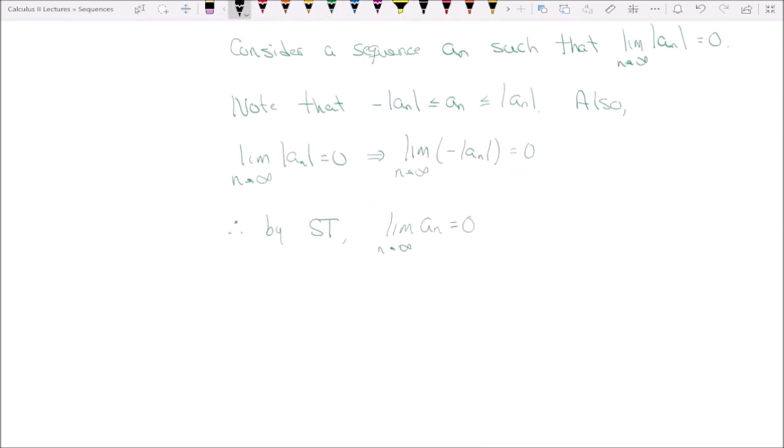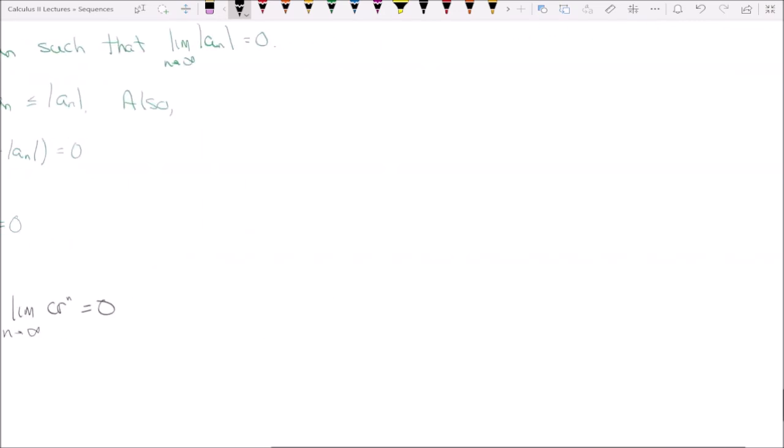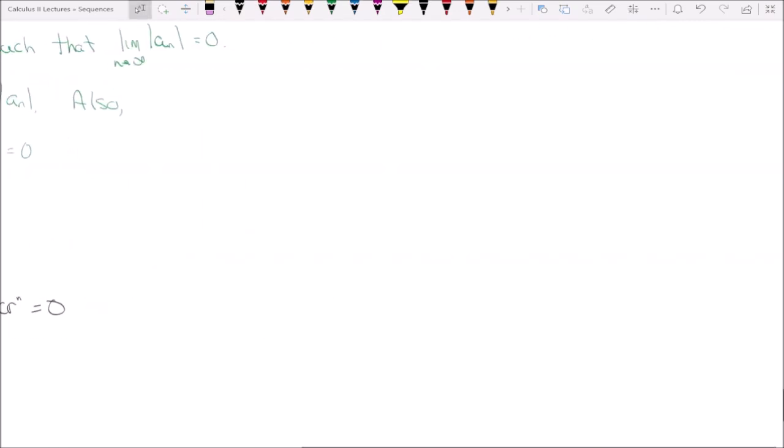Using this, we can conclude that the limit as n goes to infinity of cr to the n is 0. Right, so notice this is a situation much like this.